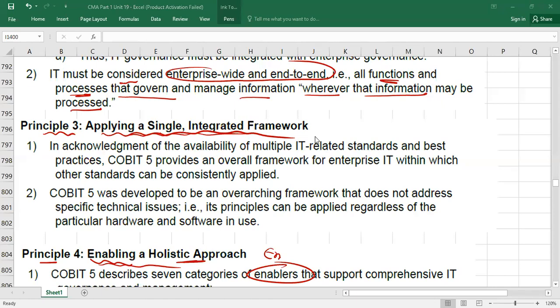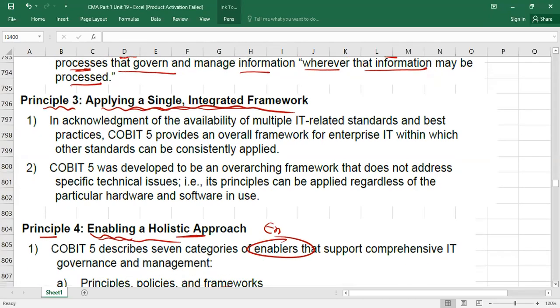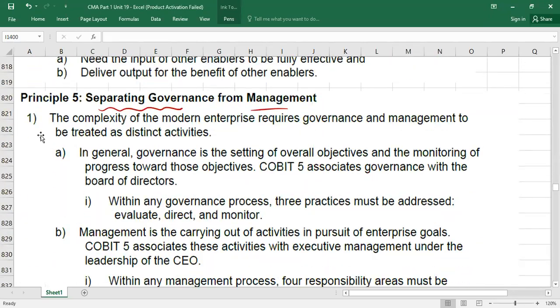Okay, guys. So then the next principle, which is the last principle, is called what? Separating governance from management. Governance, guys, is the responsibility of the board of directors. So governance always has an oversight role.